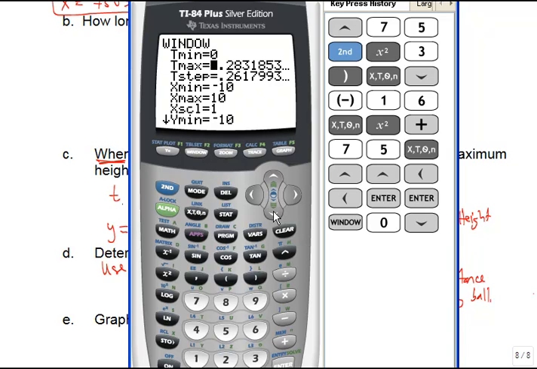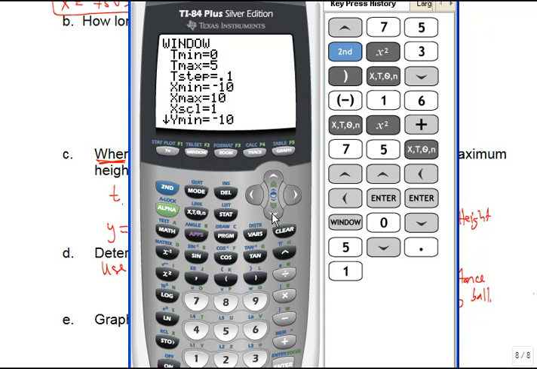So we just want our t max to be something slightly bigger than that. So let's just go to 5. And to show our animation, let's pick a t-step that's kind of small so we can see the animation and it doesn't go by too quickly. If you make your t-step too big, then the ball will fly through the air really fast and we won't be able to see it very well.